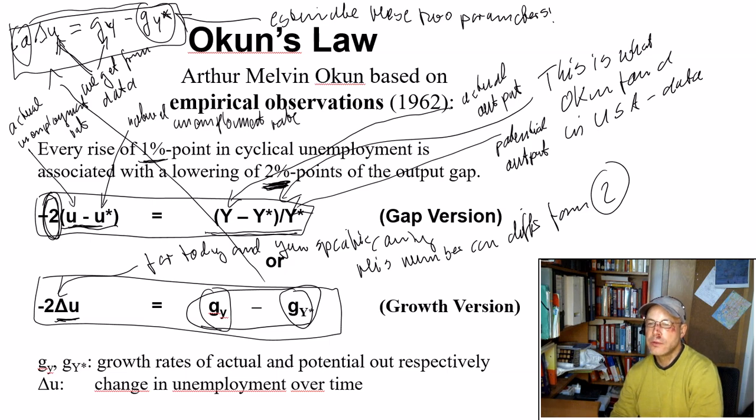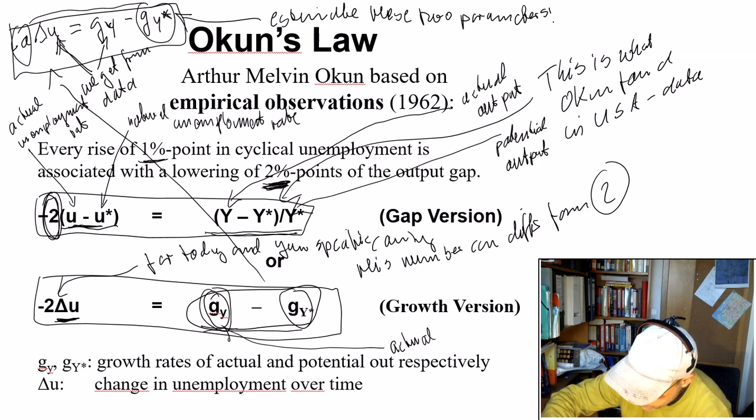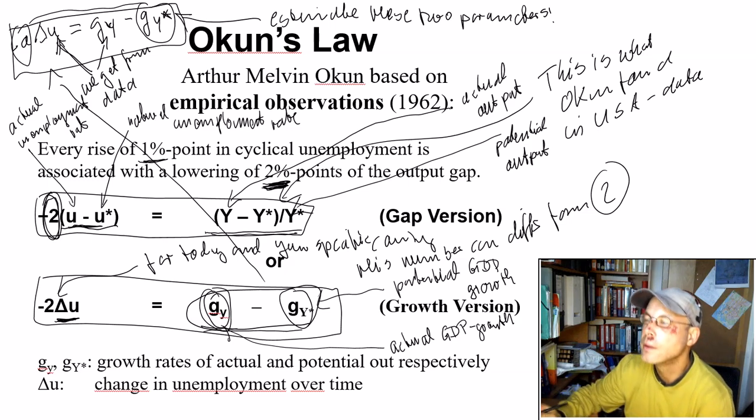Well, and if we write down this gap version, translating it into the growth version, which we can handle a little bit easier later on, then this would mean that a change of unemployment over time equals the difference between actual GDP growth minus potential GDP growth.